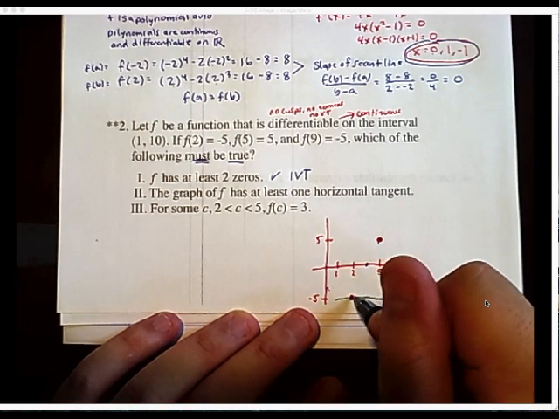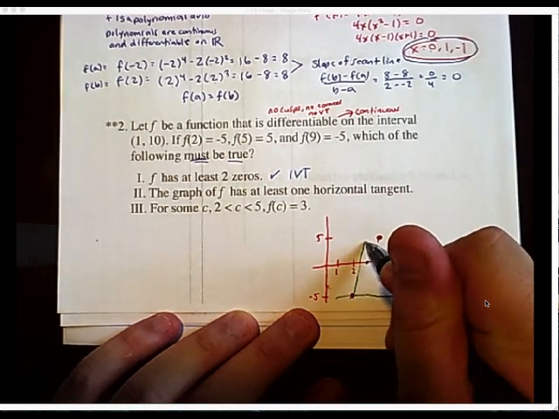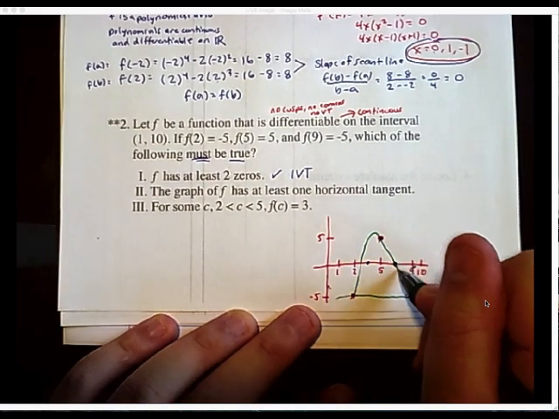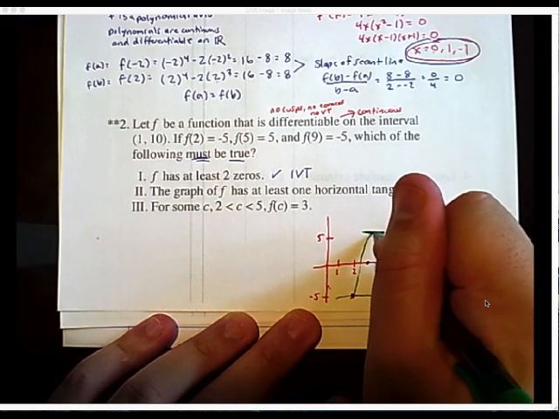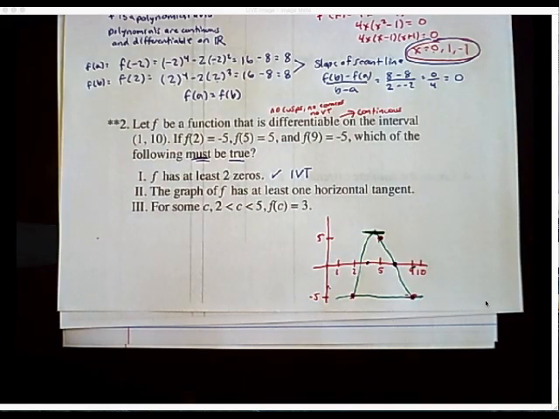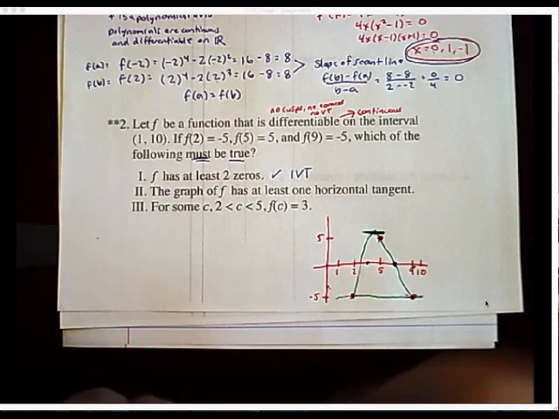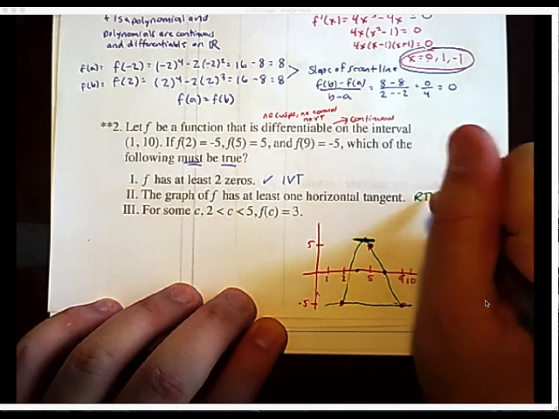And maybe the graph kind of does one of these. We have to get at least one horizontal tangent by Rolle's theorem. Okay, so Rolle's theorem makes this absolutely true.